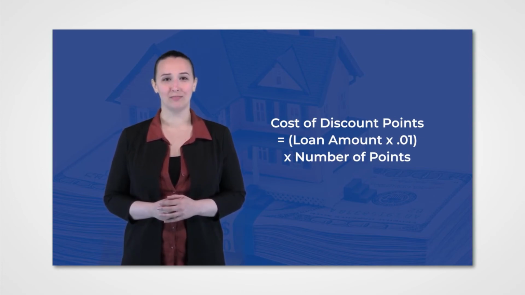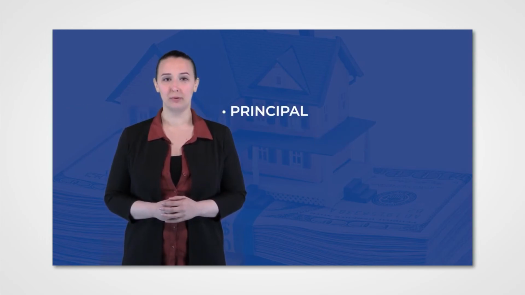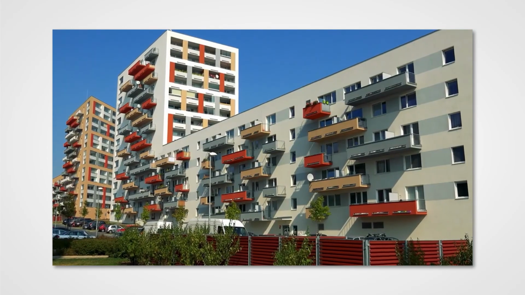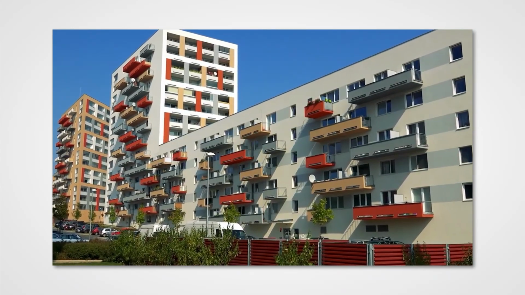The last thing we need to address is PITI. PITI is the abbreviation for principal, interest, taxes, and insurance. A PITI payment covers not just the principal and interest, but also handles the homeowner's insurance premiums and property taxes.